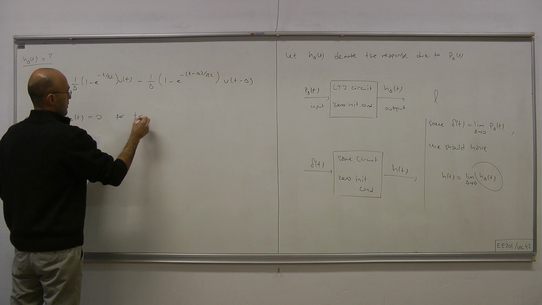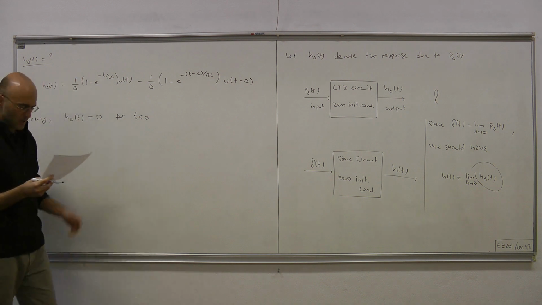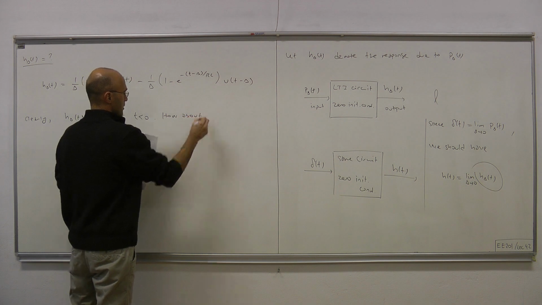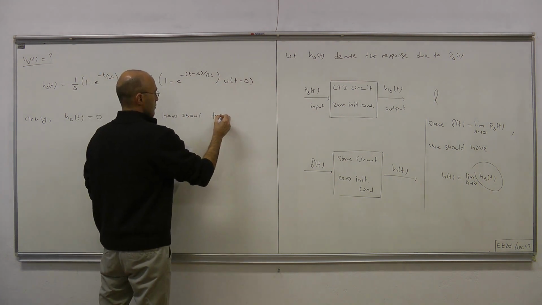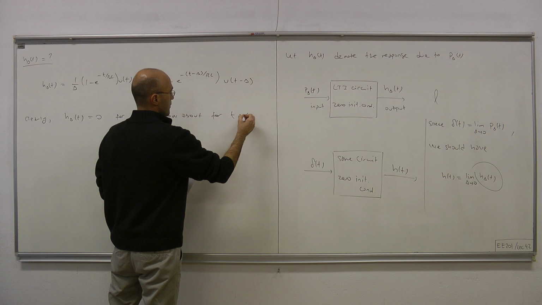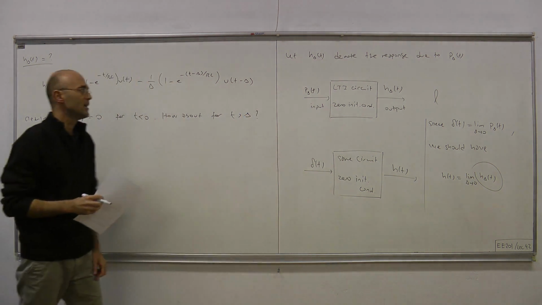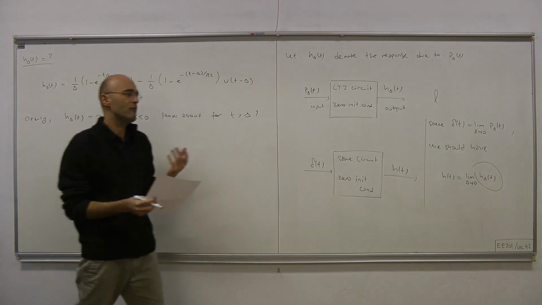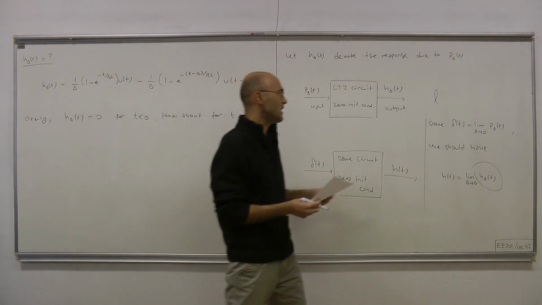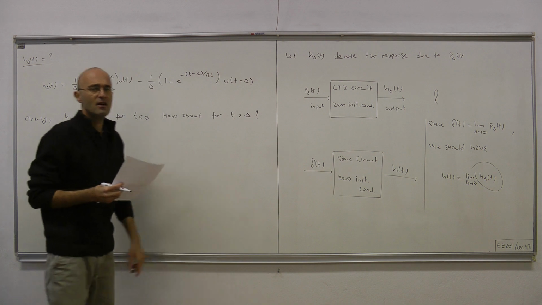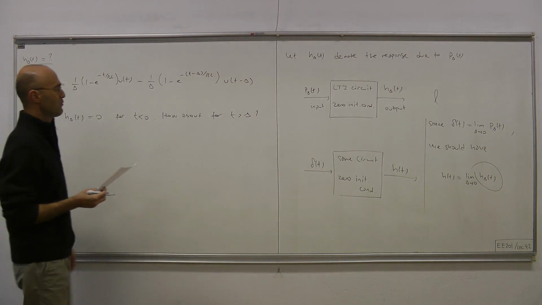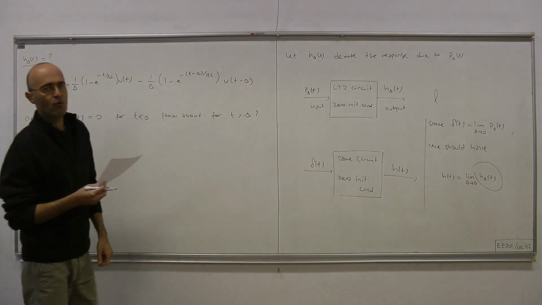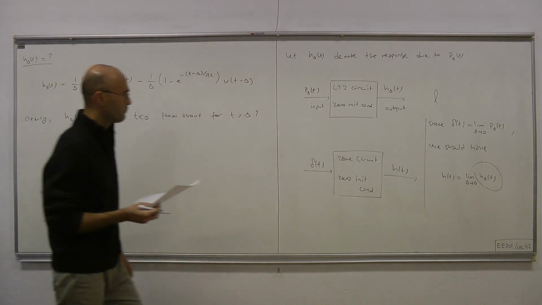Now, how about for t greater than delta? We don't have to worry about what happens between 0 and delta because that will become more and more insignificant as we squeeze delta further and further. So let's talk about what happens for t larger than delta.